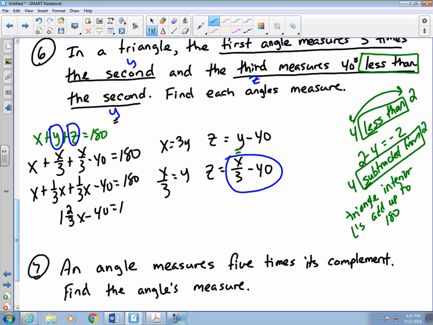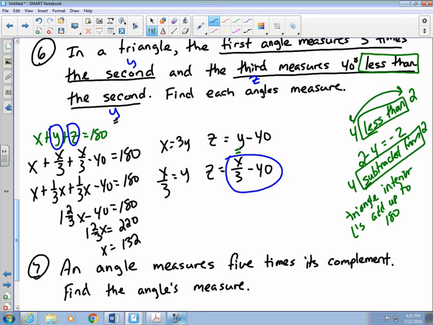And now it's just a two-step process. We add 40 to both sides, and then divide by 1 2/3 to both sides. And when you do that, use the ABC button, so ABC 1, ABC 2, ABC 3 to get 132. So we got 132 degrees, and then that's x.